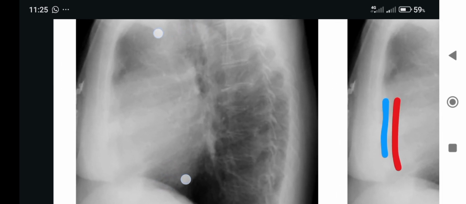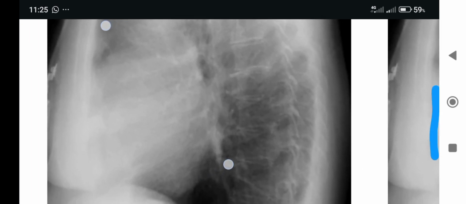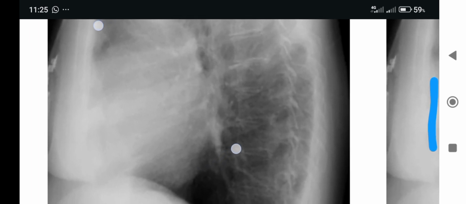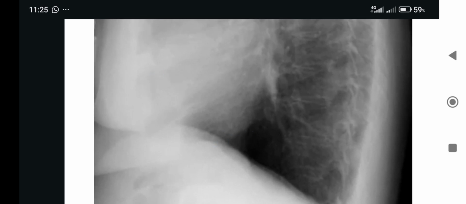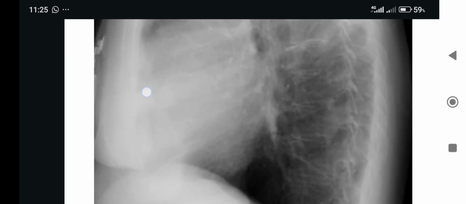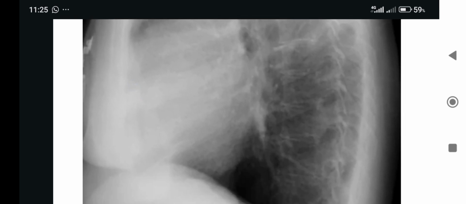If you look closely, you see two lucent lines. One directly behind the sternum and one just above the anterior part of the heart.